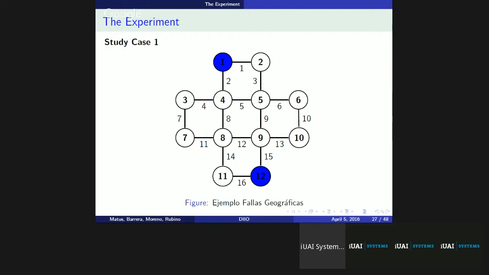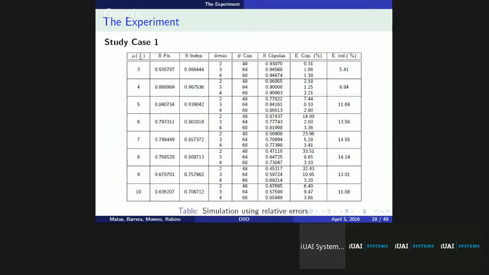We take 10^6 simulations of the physical model and the Marshall-Olkin model, and the error is on the order of 10^-3 for each estimation. And that is the result. I can explain the table, obviously.